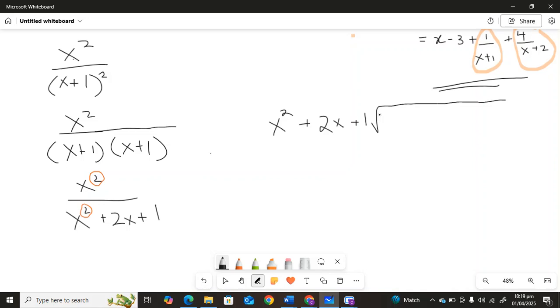It's an improper fraction if the powers are equal, or if the power of the numerator is greater than the power of the denominator. Those two conditions, then you know you're dealing with an improper fraction.